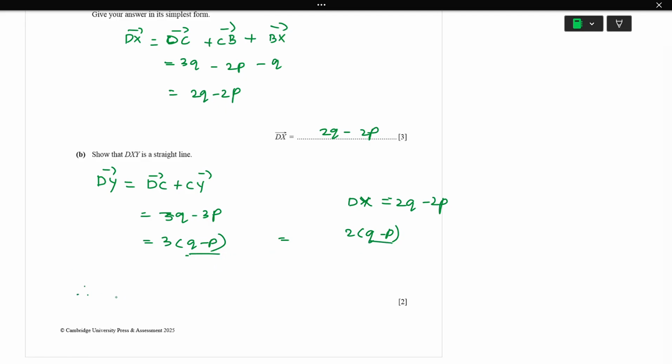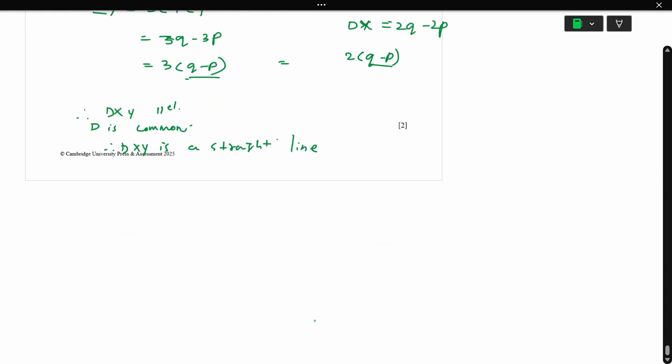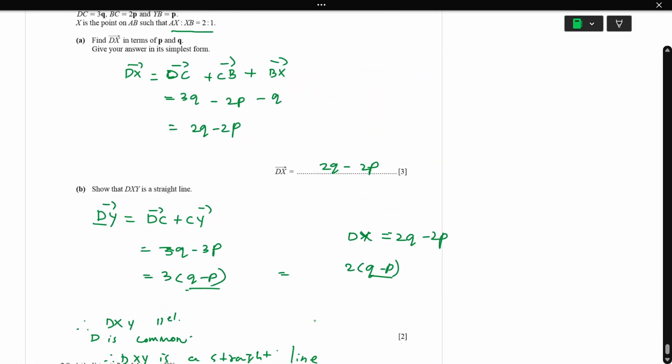Therefore, see, they are the same vector, so we can say they are parallel. It is parallel, and one point is common, D. Since D is common, therefore DXY is a straight line. Yeah, that's the end of the paper. We finished.